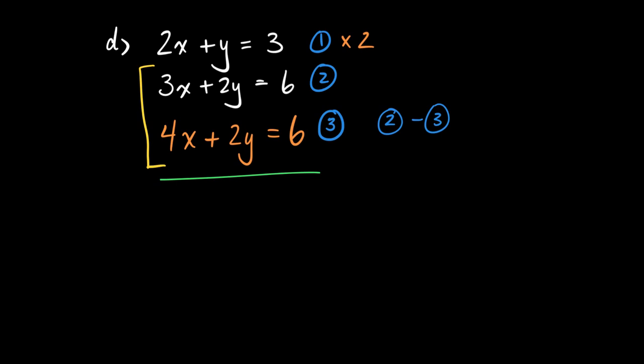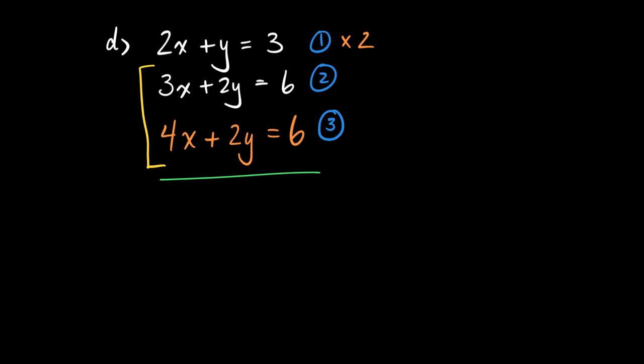But when I do that, I'm going to get negative x equals 0, and I might not like that negative. So my focus always becomes, I really want to have a positive leading term, a positive coefficient on my variable.